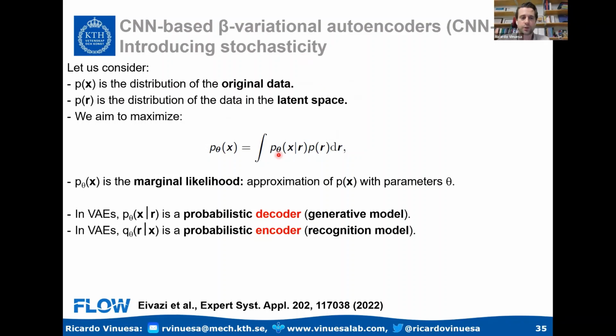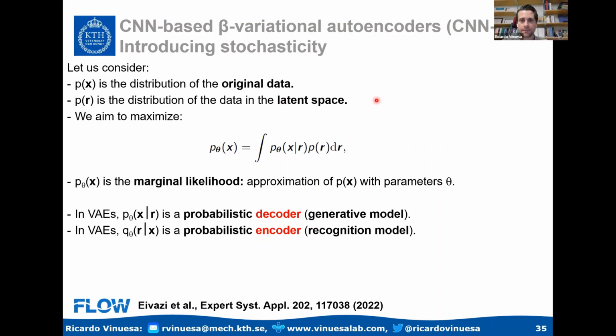Now, in variational autoencoders, what I have is a probabilistic decoder, which is basically a generative model, taking me from the latent to the original space, and a probabilistic encoder, which is a recognition model, taking me from the original to the latent space.